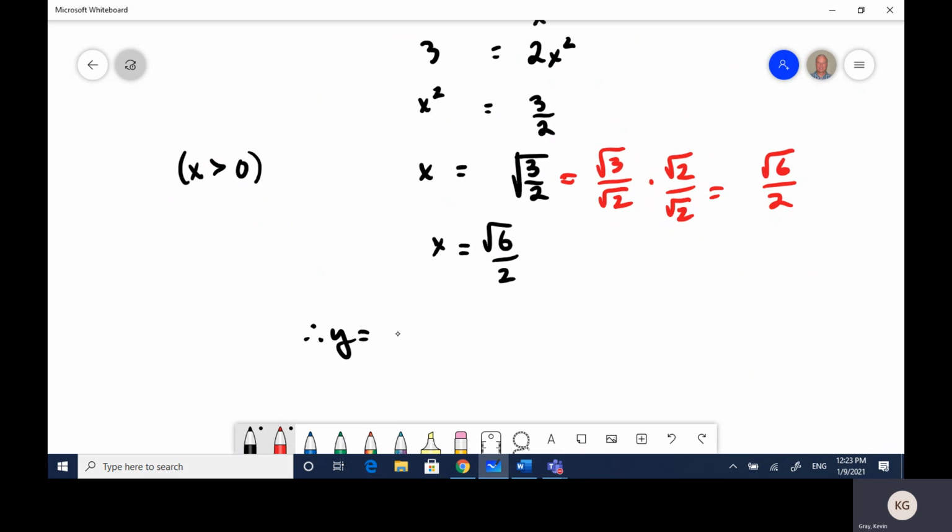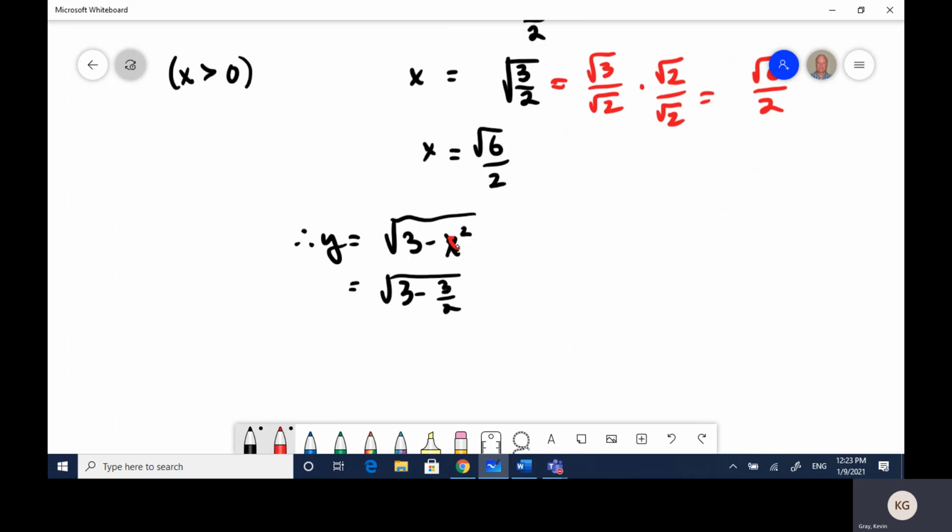Okay, y equals 3 minus, and I can put in either one I want here. It's going to be an x squared. And I have x squared, that could be 3 over 2.